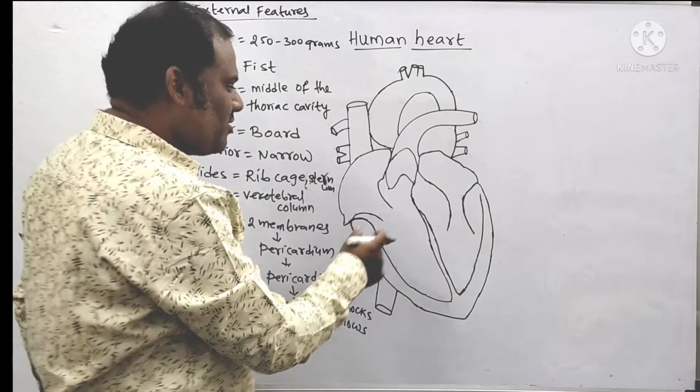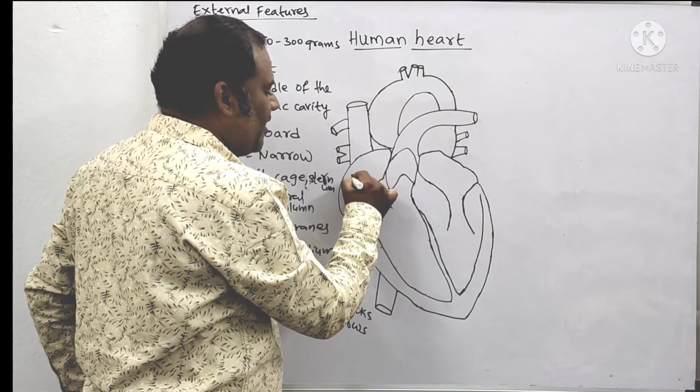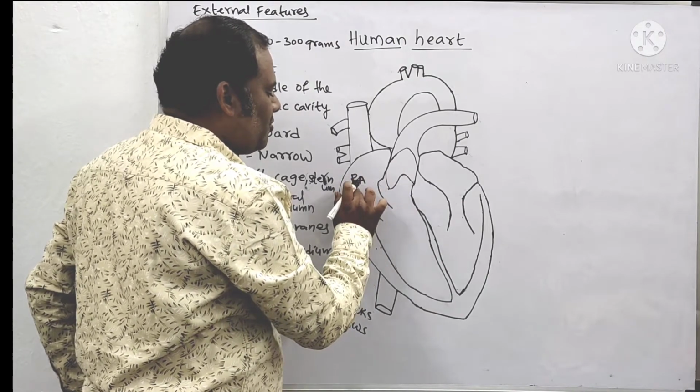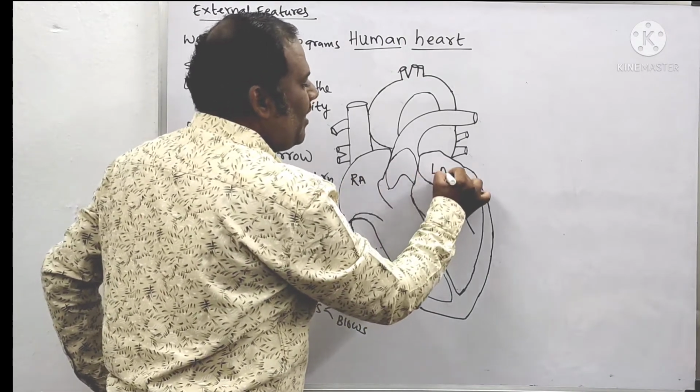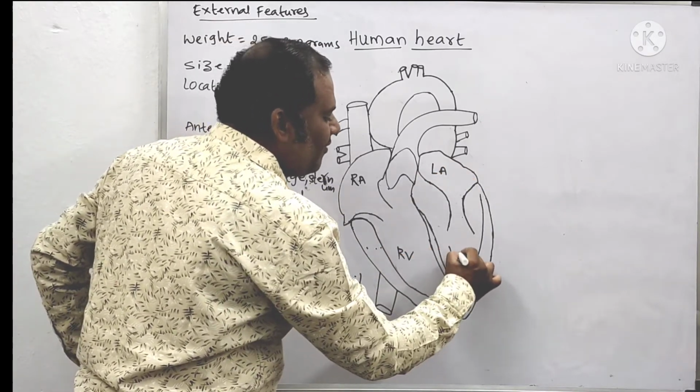In general, although this comes under internal features, the upper two chambers are the right auricle and left auricle. The lower two chambers are the right ventricle and the left ventricle.